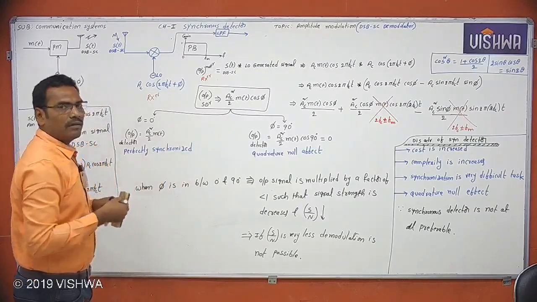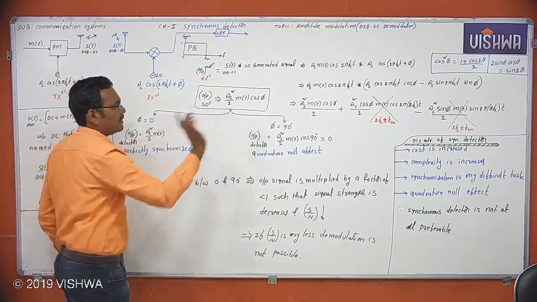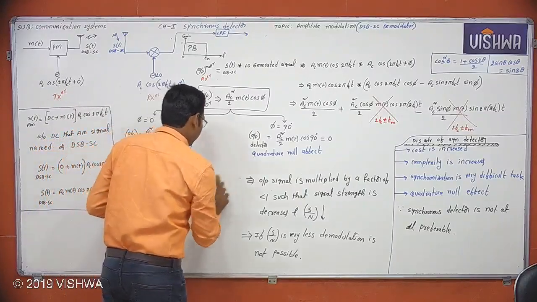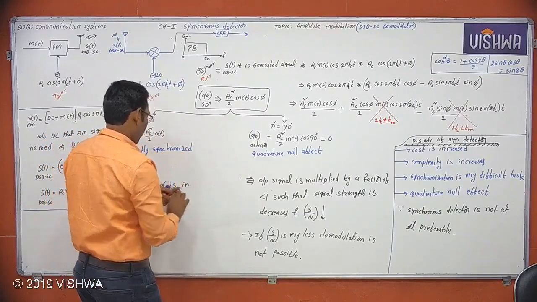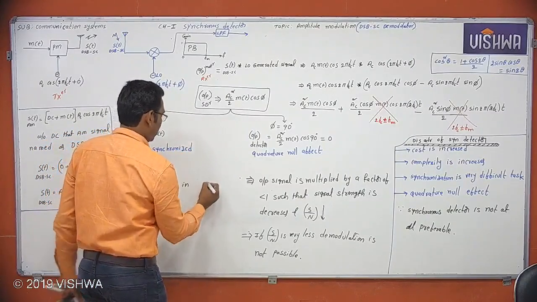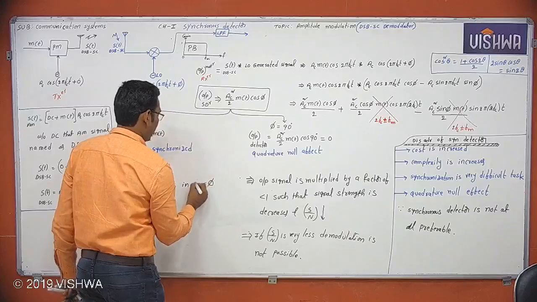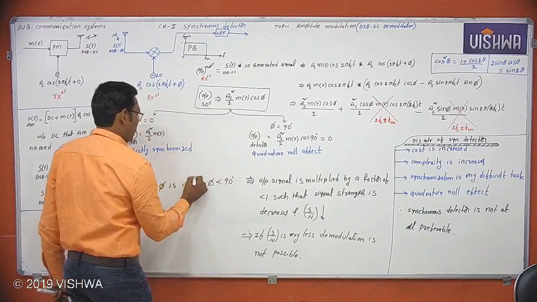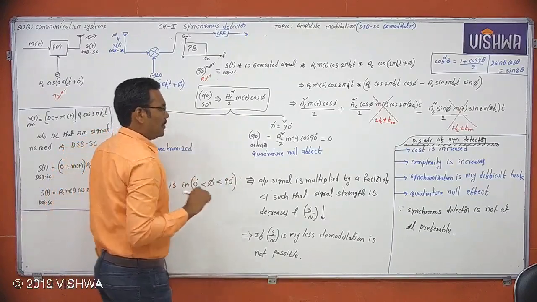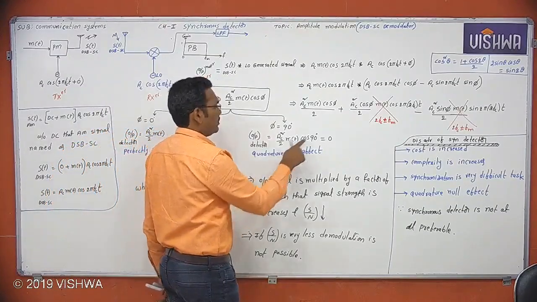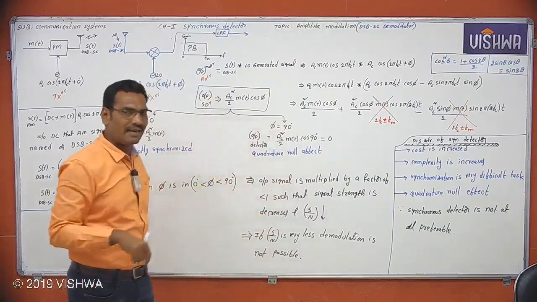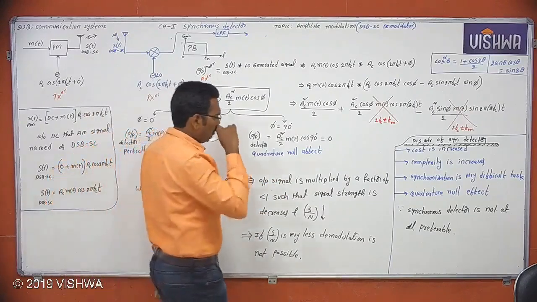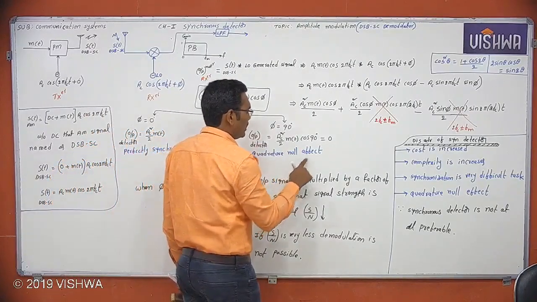But when the phase is in between 0 degrees and 90 degrees, that is, greater than 0 degrees and less than 90 degrees, then cos phi is less than cos 0 and greater than cos 90.